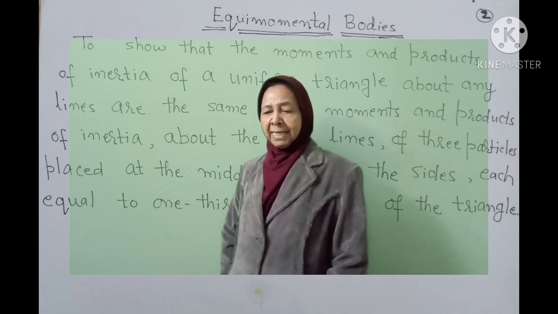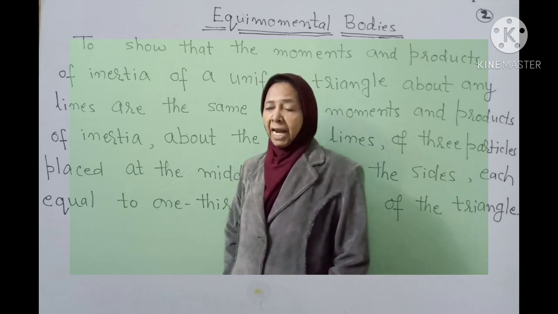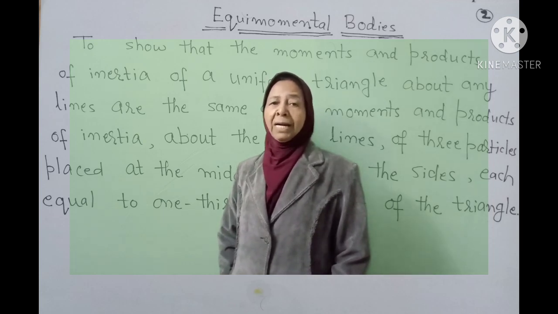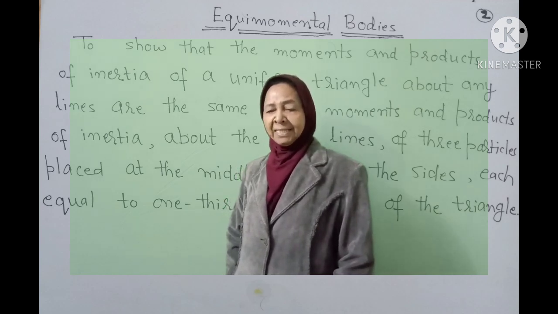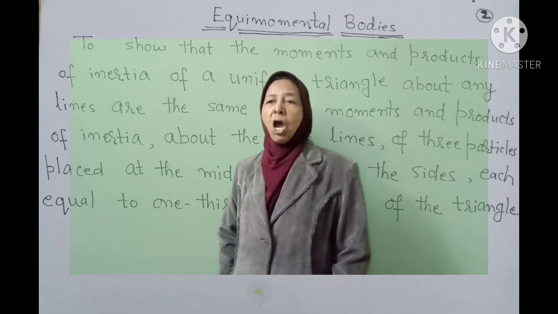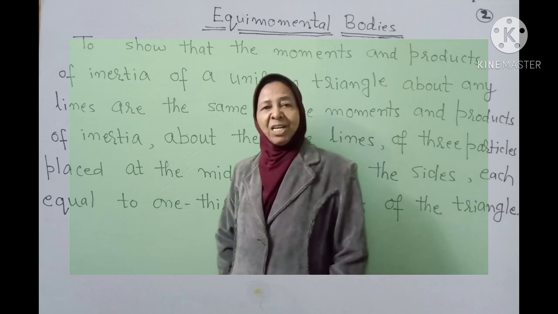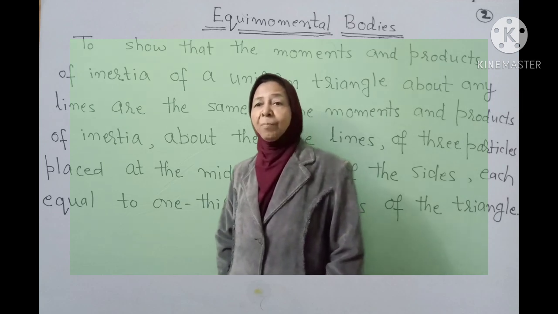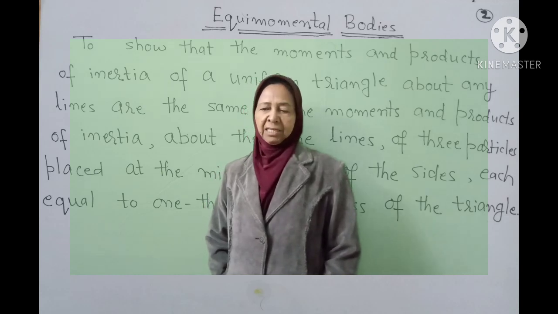Another question is to show that moments and products of inertia of a uniform triangular lamina about any lines are the same as moments and products of inertia of 3 mass particles, each of mass m by 3, placed at the middle points of the sides of the triangle.